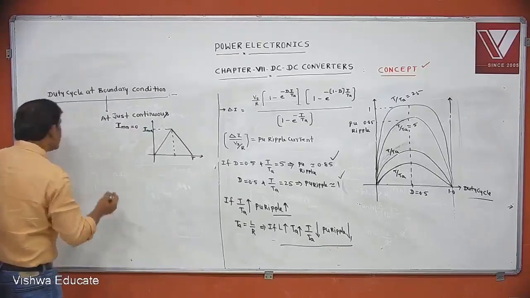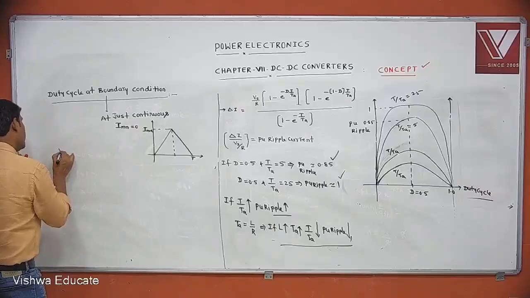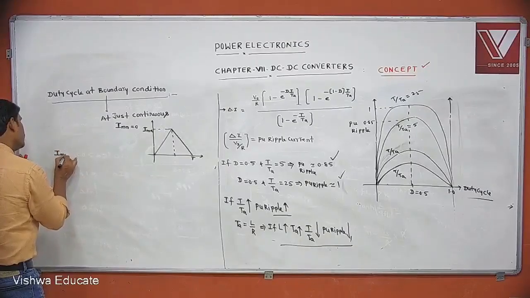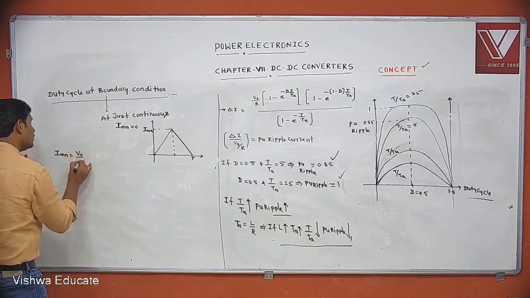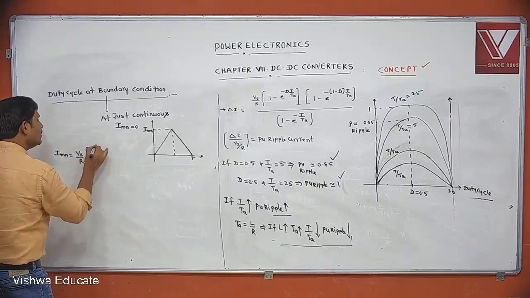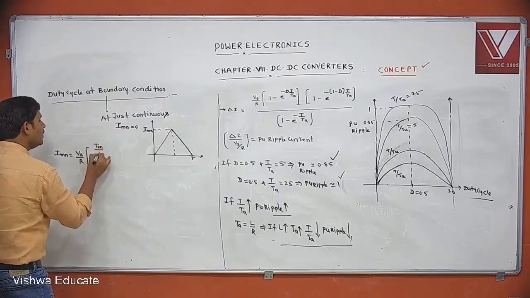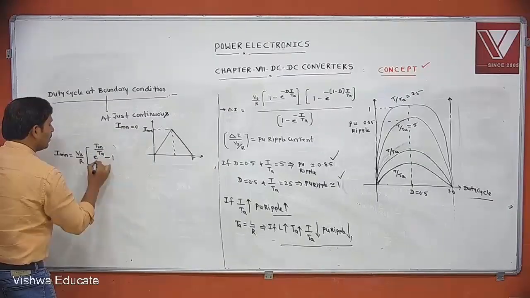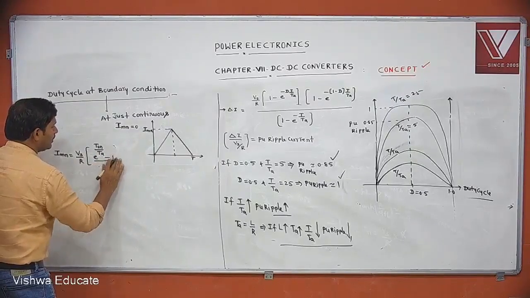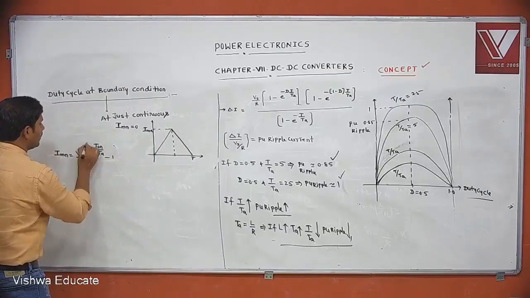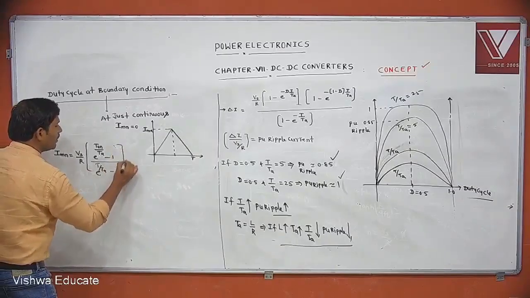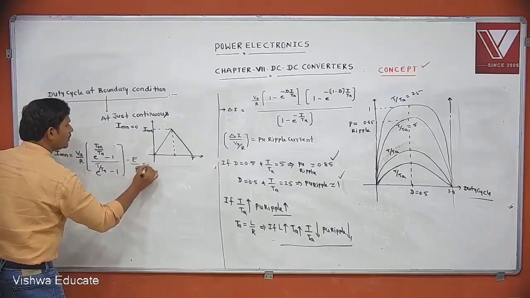What is the minimum current expression in the case of type A chopper? I minimum equal to Vs by R into (e power T on by Ta minus 1) by (e power T by Ta minus 1), minus E by R equal to 0.